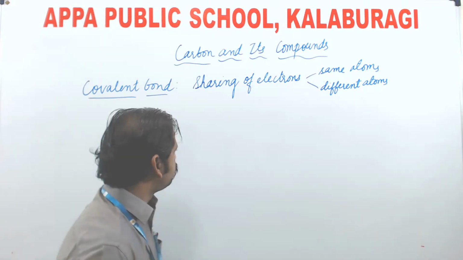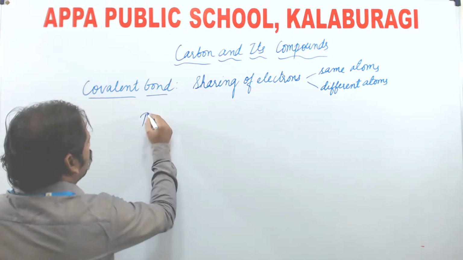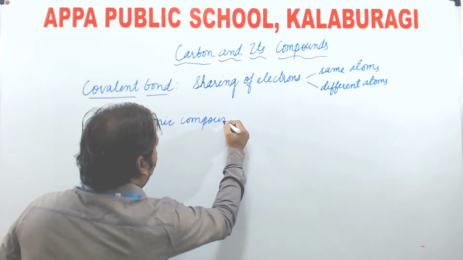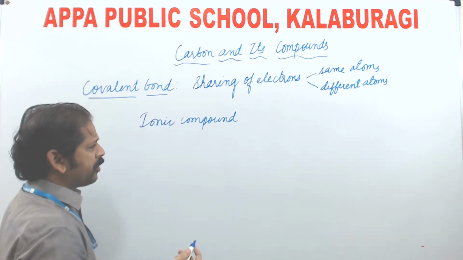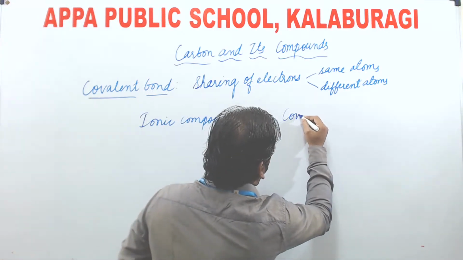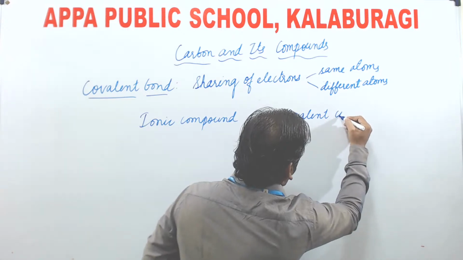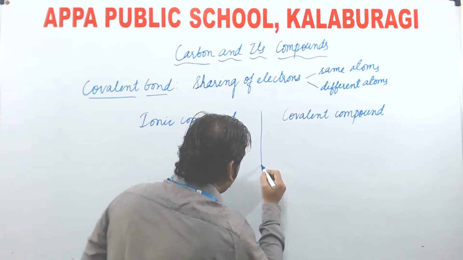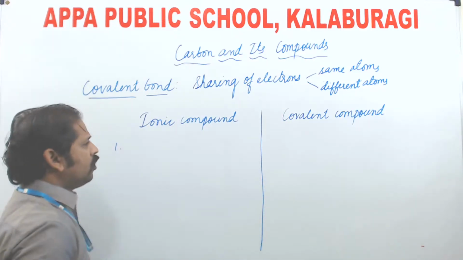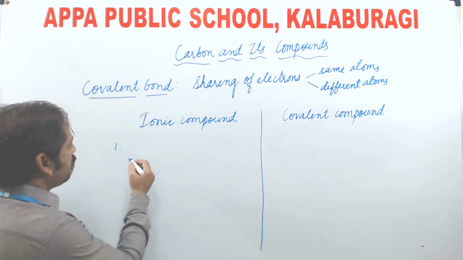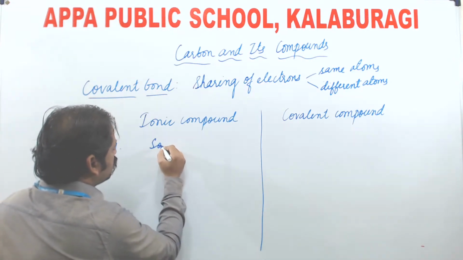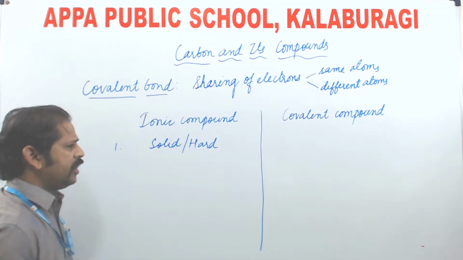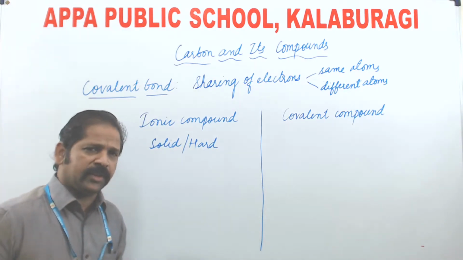About the compounds, there are 4 points for ionic compounds and covalent compounds. Ionic compounds are in solid state and are hard in nature.